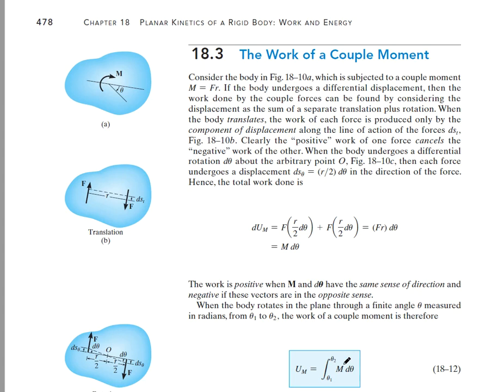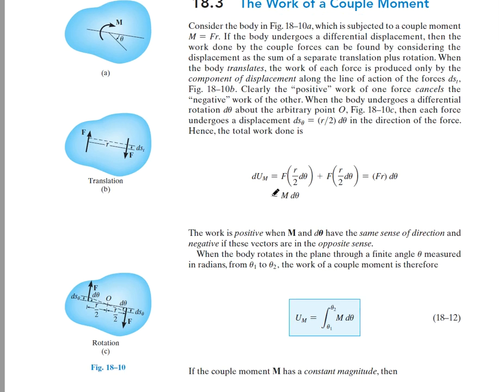So if we have a couple, the work of the couple can be analyzed as the work of two forces at a distance r, chosen such that F times r equals M. So if we have a rotation by angle theta going with the moment, then the work done will ultimately be M times the angle theta.